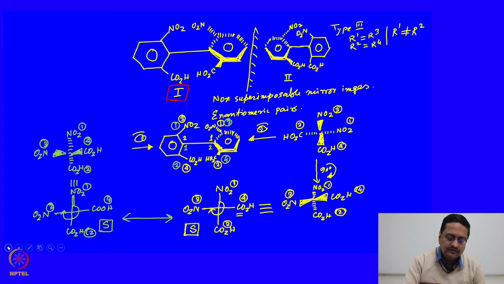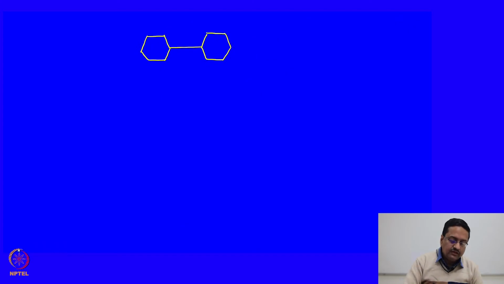What we had is the mirror image where the left hand side group was above and below the plane: carboxylic acid was above the plane and NO2 group was below the plane. So, we should draw the same here.